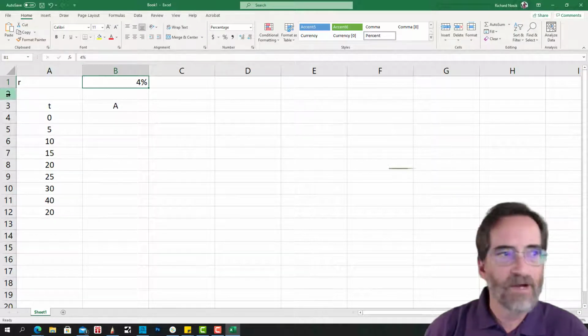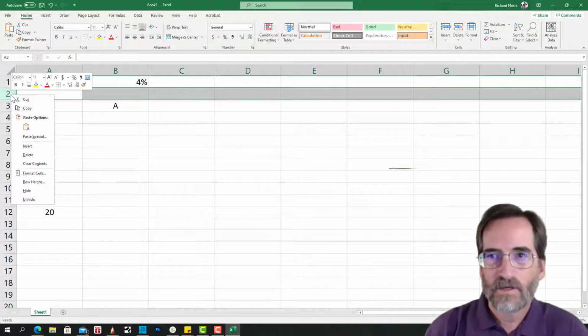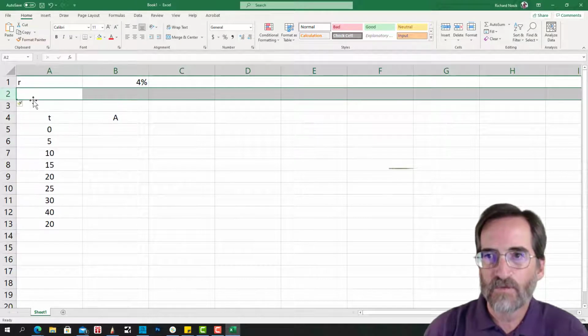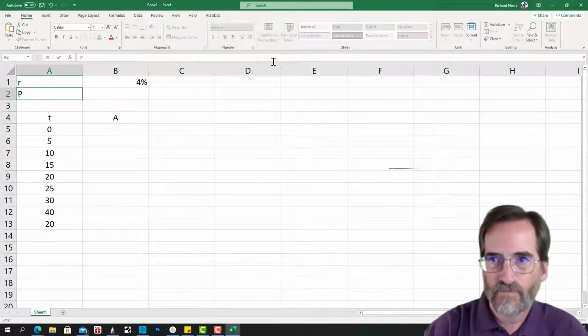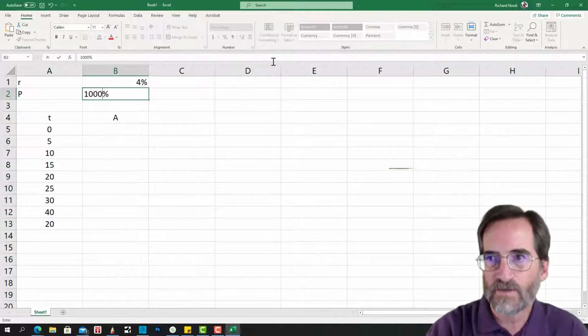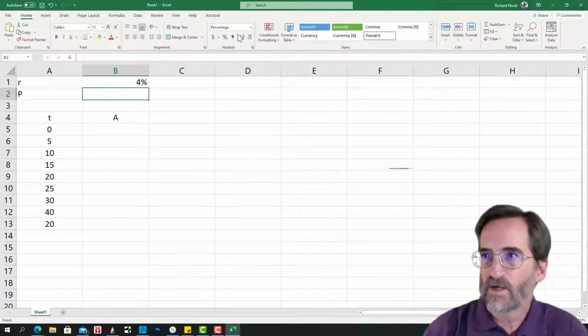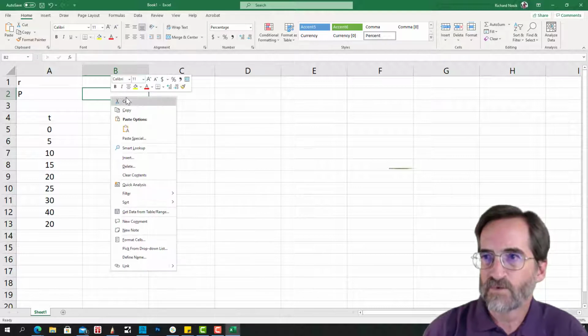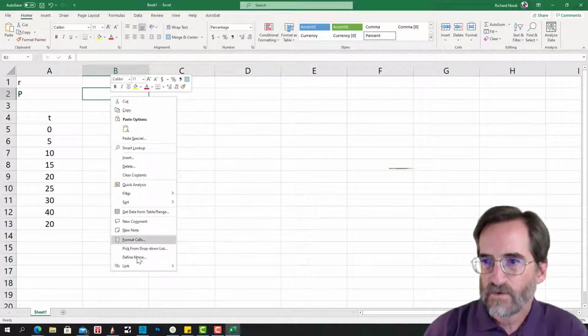And the amount in the account, the starting amount, I'm going to put that here. P is, they're just going to say we're going to start with $1,000. I do not want this cell as a percentage.